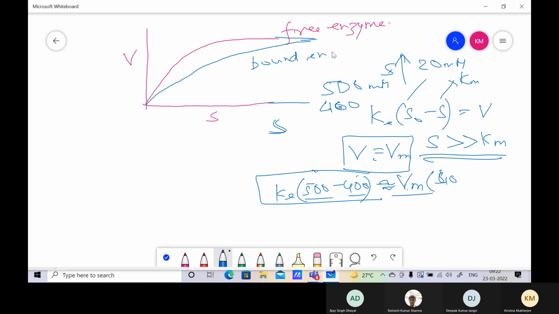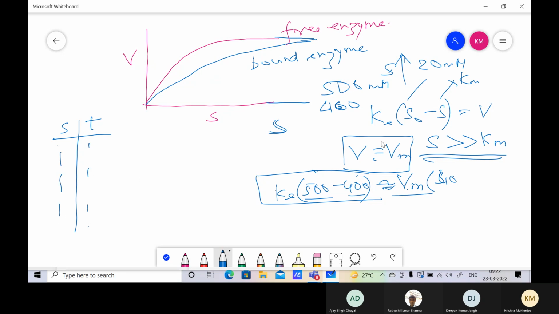Now, first of all, the first job therefore is to find out this graph, V versus S. Right? Now, how do we find this out? If I have plots of S versus T, I have these numbers here and these numbers here.